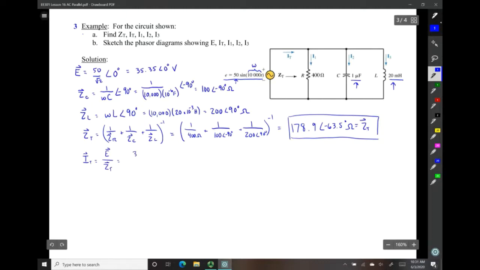So we have 35.35, and our angle is, again, 0, and plug in the value for Z total. And our resulting current is 198 milliamps at 63.5 degree phase angle.